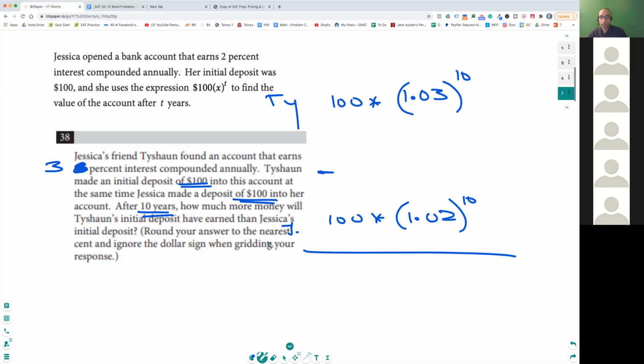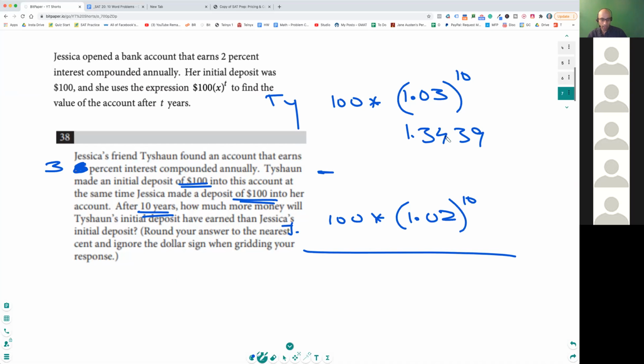Remember, though, the SAT can be very tricky sometimes. Round your answer to the nearest cent. It's very important to find the correct cent, which means you need 2 digits and round it correctly. So 1.03, I'm going to solve the first one, to the 10th power is going to give me 1.3439, right?